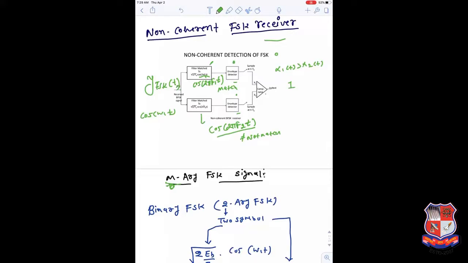Now consider the second case. If the cos omega 2t signal is received, that corresponds to 0. So this will not match, because the first matched filter will match only with cos omega 1t, but this will match.